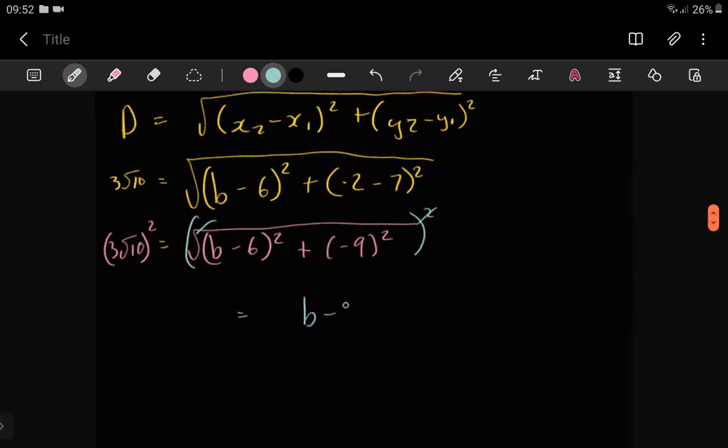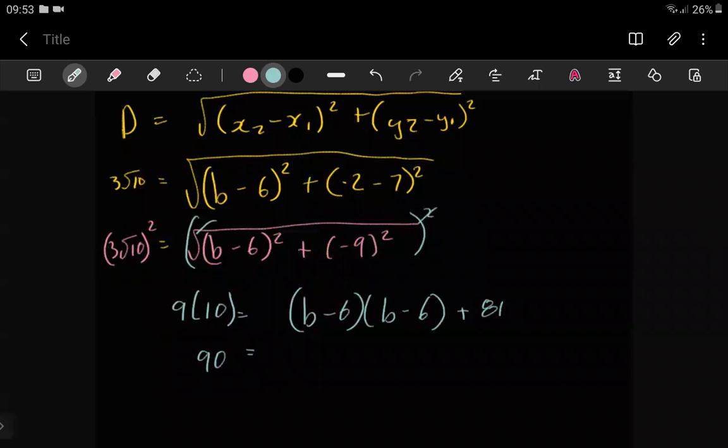Then we have b minus 6, two brackets that look identical. 3 squared is 9, square root of 10 squared is 10, so this is 90 because of our exponential laws.